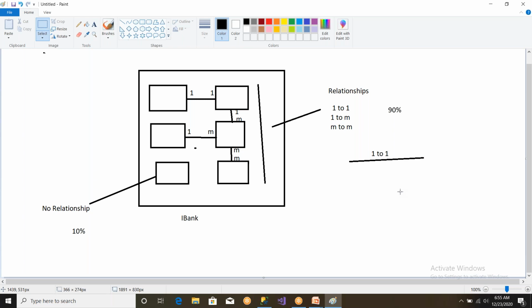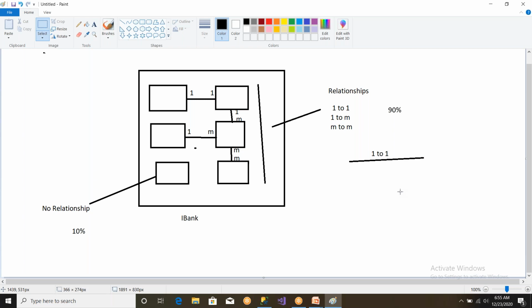If there are 10 people, how many tickets do you buy? 10 tickets. So one customer, one ticket. So it is a one is to one relationship, right? One customer has to have one ticket to enter the show. Otherwise, you are not allowed. If you are 10 people, you need to buy 10 tickets. If you have 1,000 people, you need to buy 1,000 tickets. So each customer, one ticket. So it is also a one is to one relationship, right?